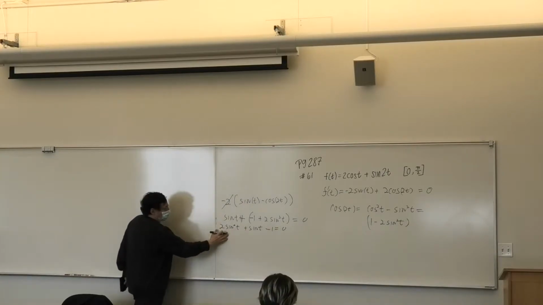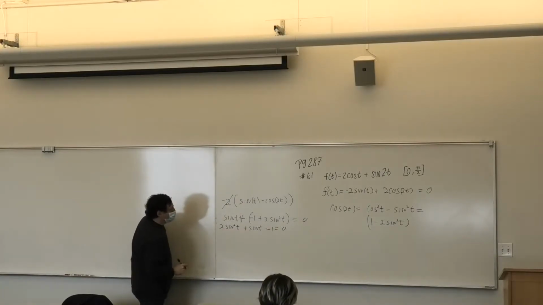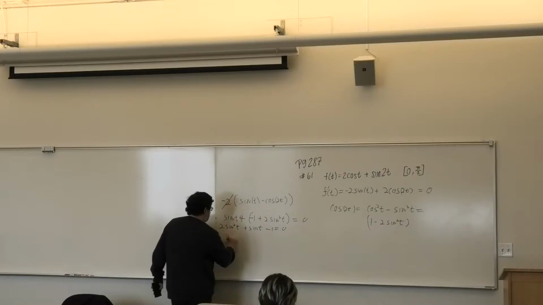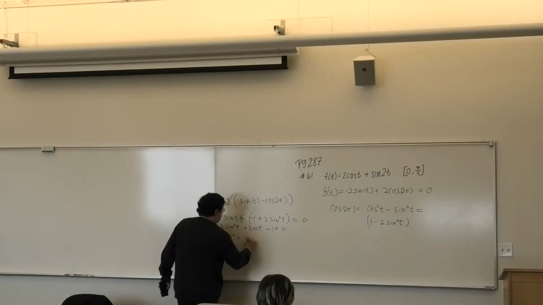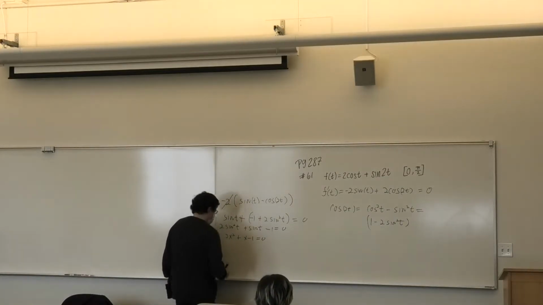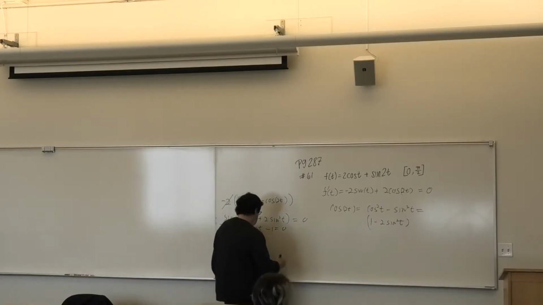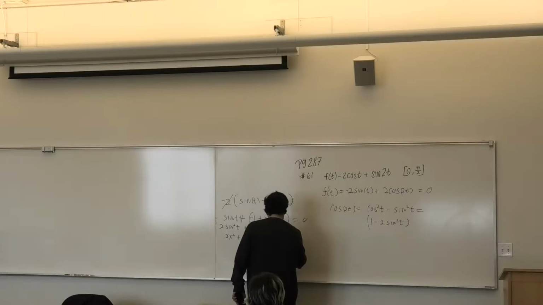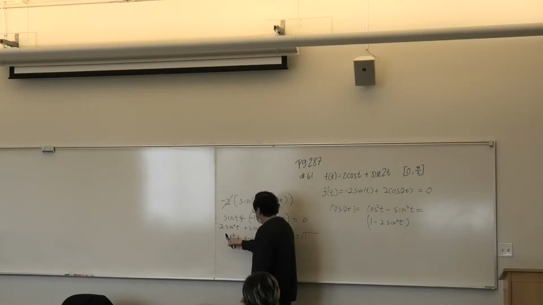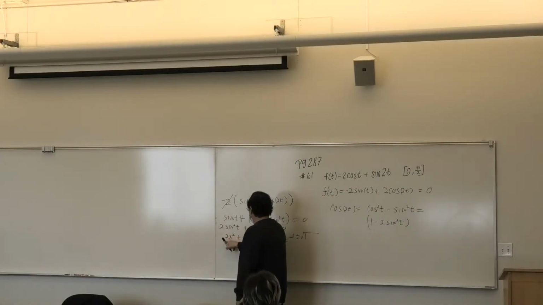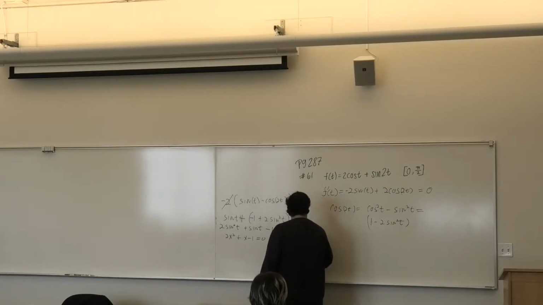This is a quadratic. It's like 2x squared plus x minus 1 equals 0. So I could either try and factor it, or I could use the quadratic formula. Negative b plus or minus the square root of 1 minus 4 times 2 times 1, which is going to make it plus 8.